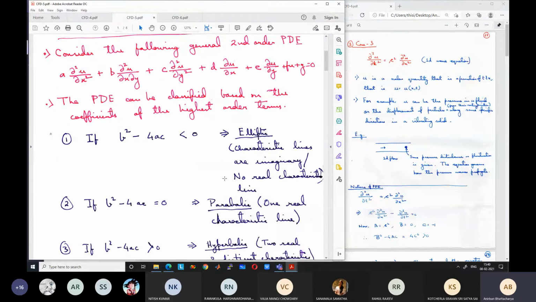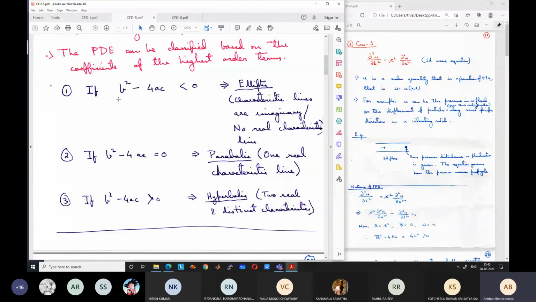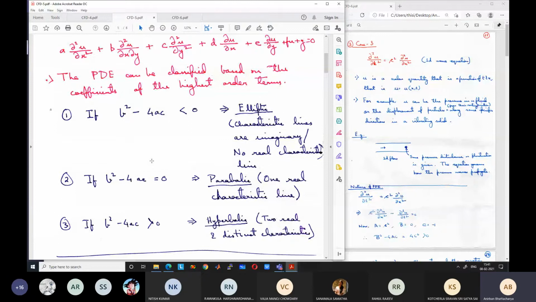Before that, let us again just recap these three classifications. b square minus 4ac less than 0 is an elliptic type of PD, where the characteristic lines are imaginary, meaning there are no real characteristic lines. If b square minus 4ac is equal to 0, then we call this PD a parabolic PD, and for this type of equation there is only one characteristic line.